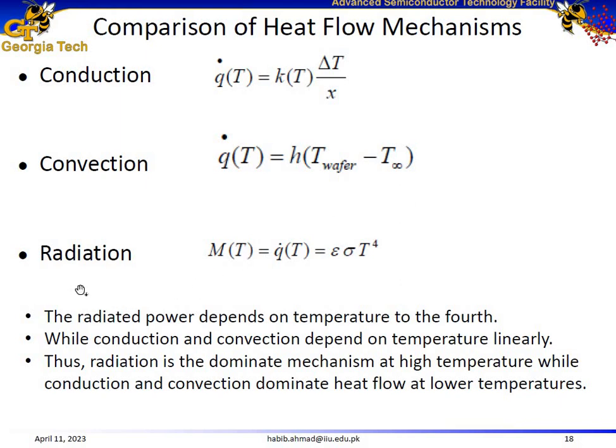But you might notice that in radiation, when the emissivity is independent of wavelength, the heat flow per unit area is proportional to temperature to the power of 4. So comparing these processes, you can conclude that conduction and convection are more effective at lower temperature, but radiation is more effective at higher temperature because of the temperature to the power of 4 dependence of heat flow per unit area in the radiation process.